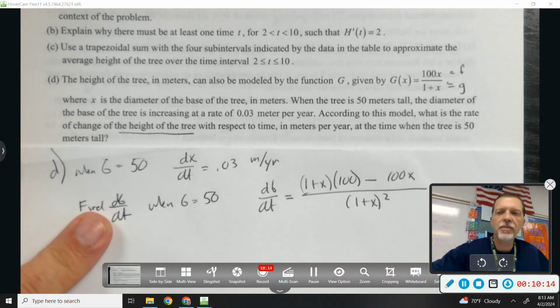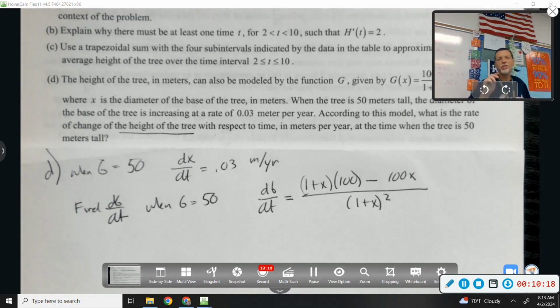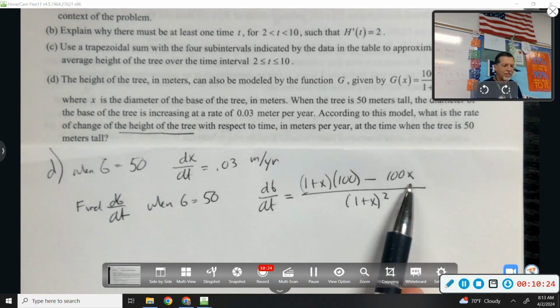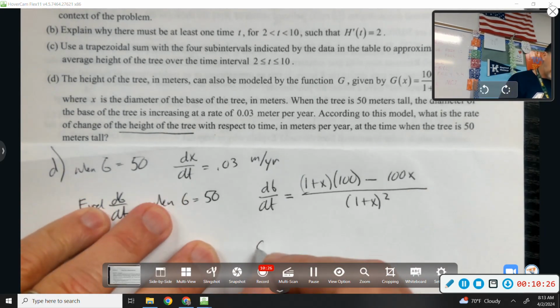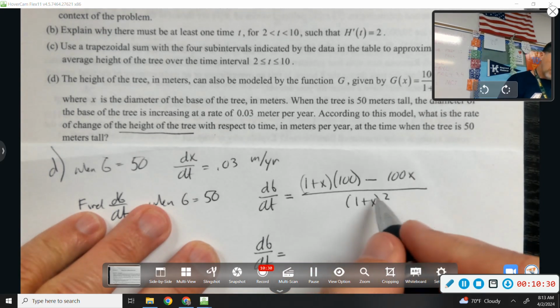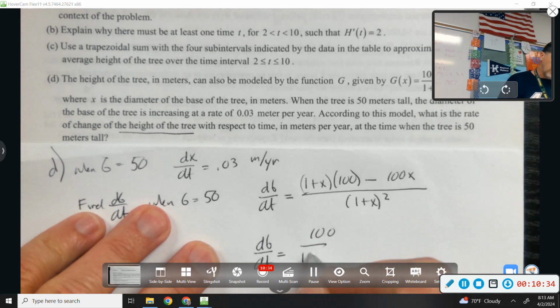Again, the AP test throws you little Easter eggs once in a while to help you out a little bit. Once you distribute the 1 plus x, the 100x's will cancel out, and dg dt is 100 over 1 plus x squared.